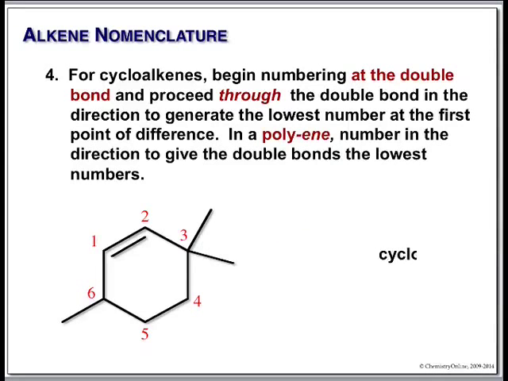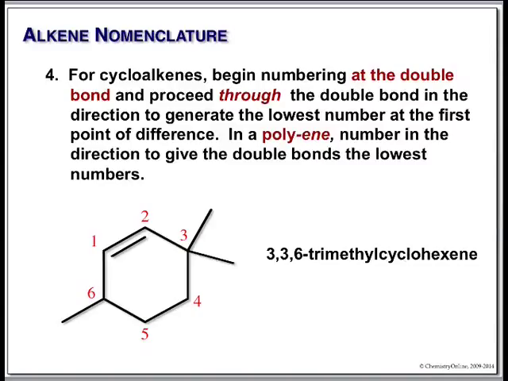Therefore, this is a cyclohexene. We have methyl groups in carbons 3 and 6, and we have 3 of them. So would you get it wrong if you threw in the 1? So you said 3,3,6-trimethyl-1-cyclohexene?